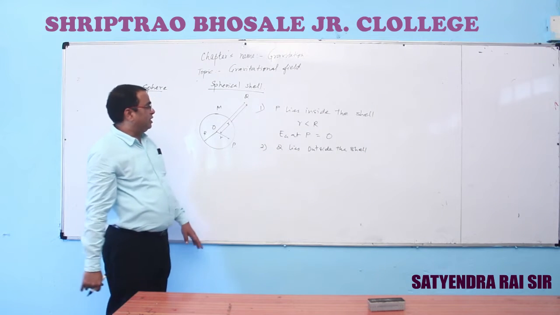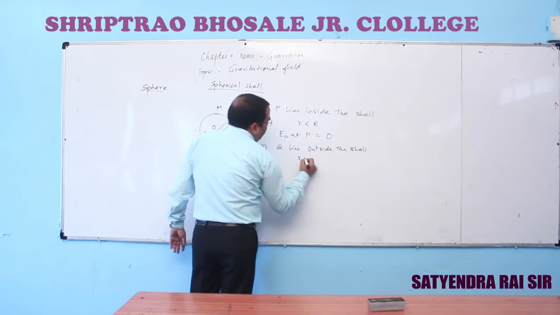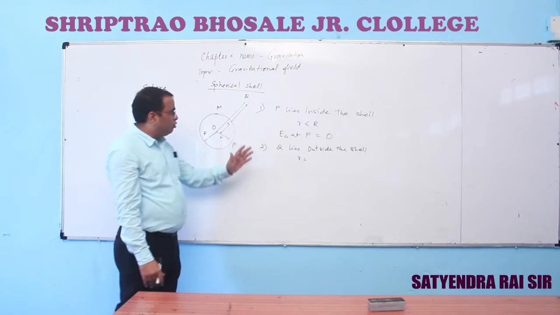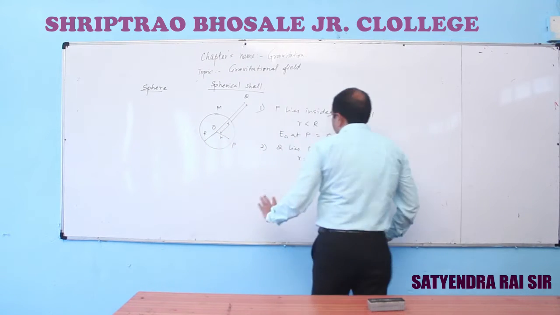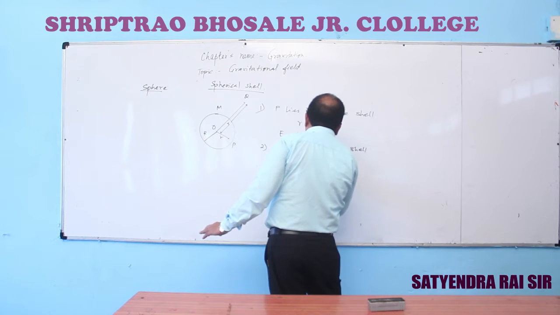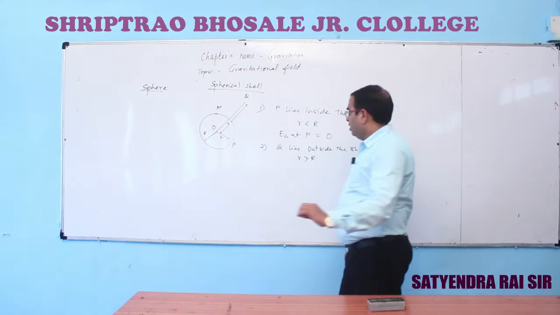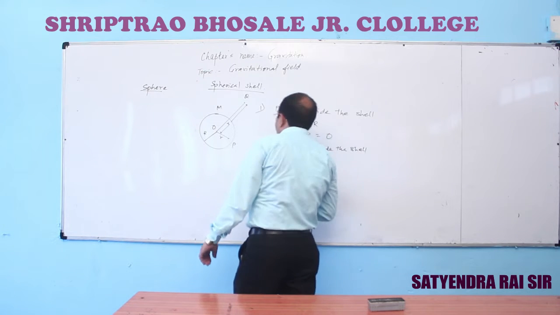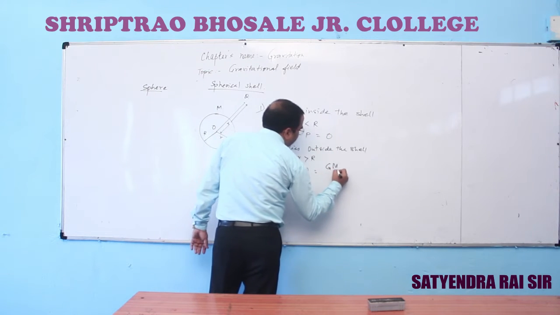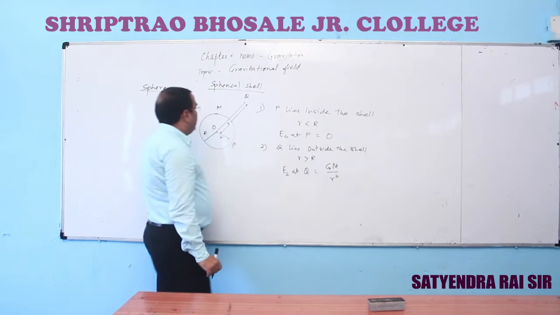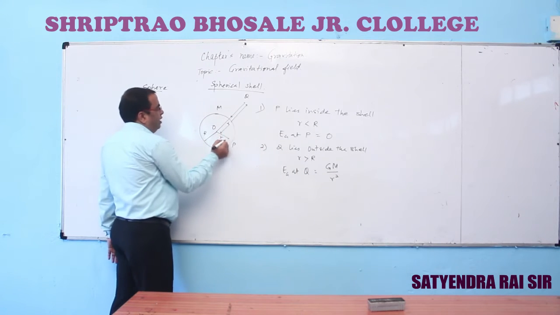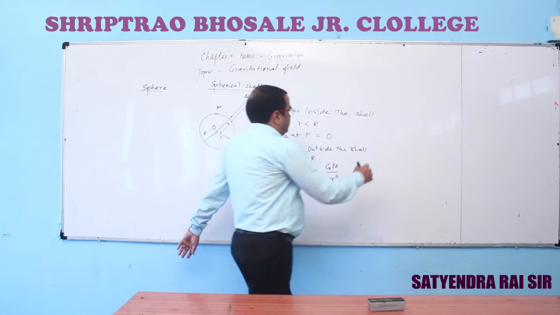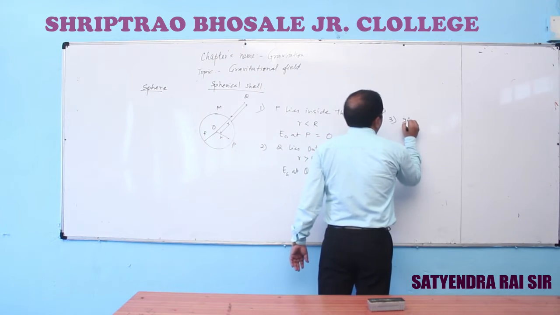You can frame the condition like this: Q is an external point lying outside the sphere, for which small r is greater than capital R. Then E_G at Q is given by GM by small r square, and obviously, since all fields are radially inwards, that is the direction.